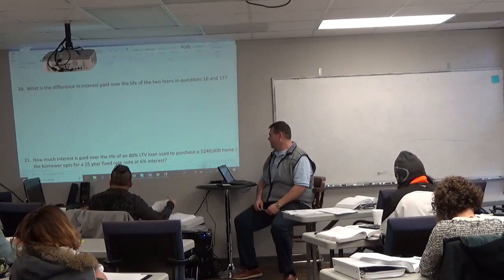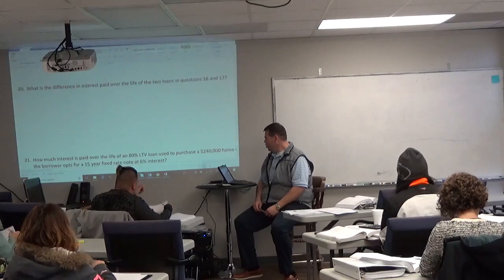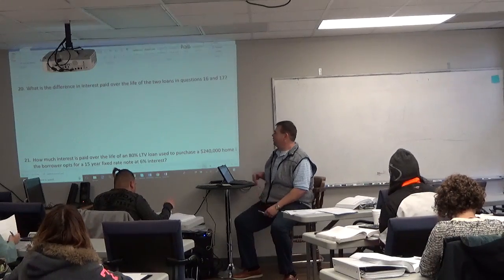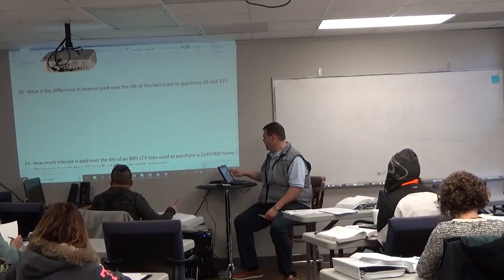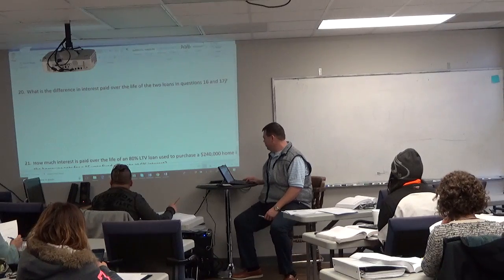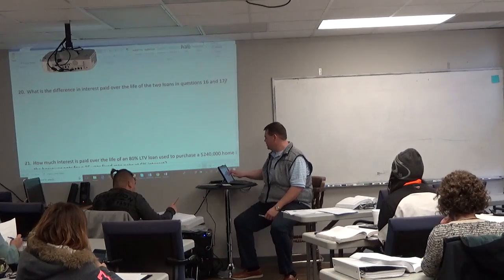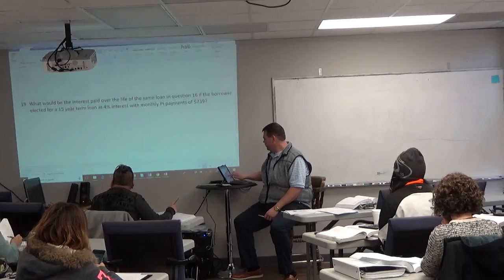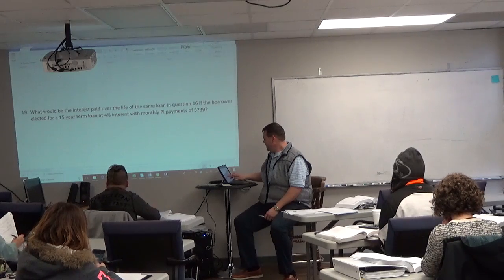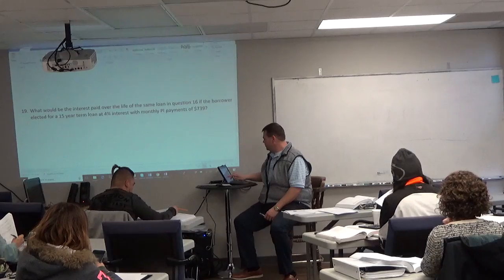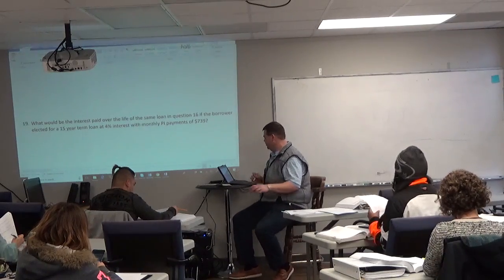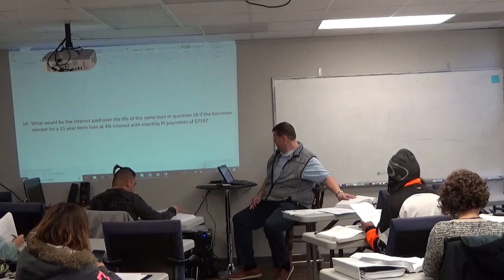And then number 20. What's the difference? You know what it is? I think a question's got added in here. So on number 20, where it says in questions 16 and 17, something refers back. I think we were meant to do it. Something got screwy there. So let me look at it real quick and tell you what it should say.